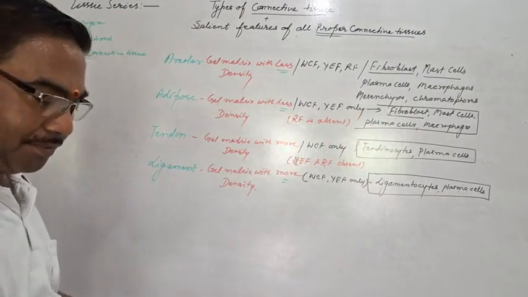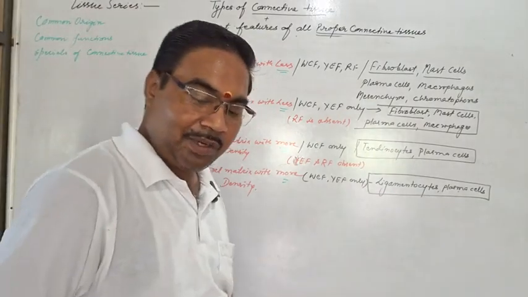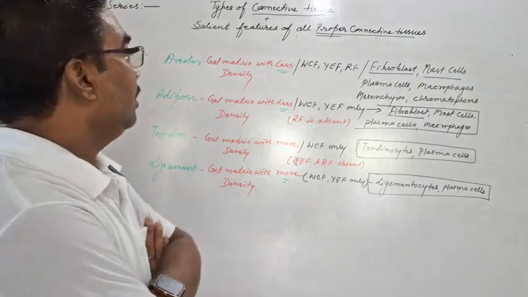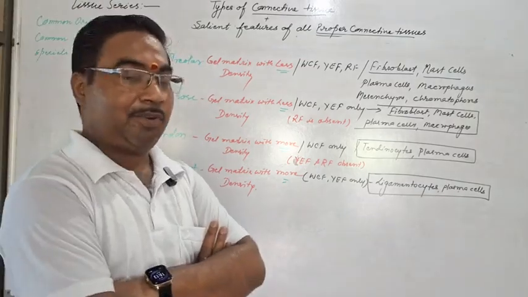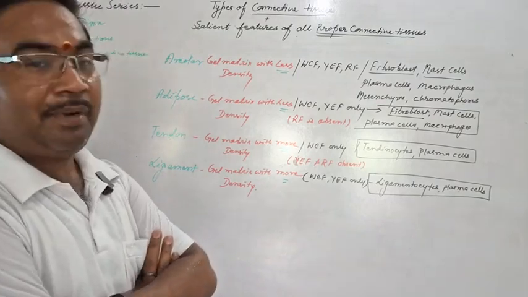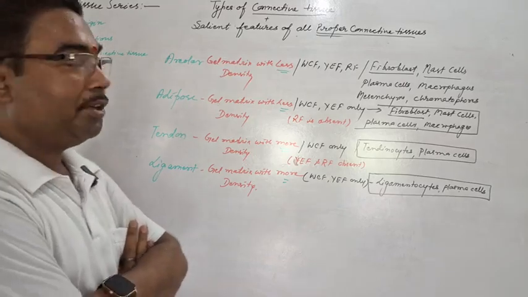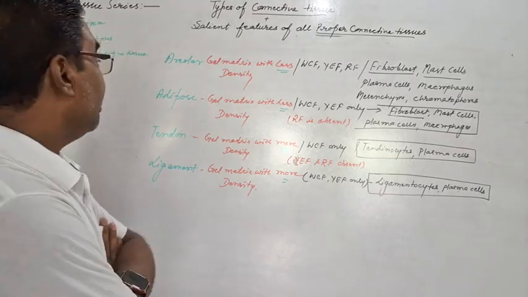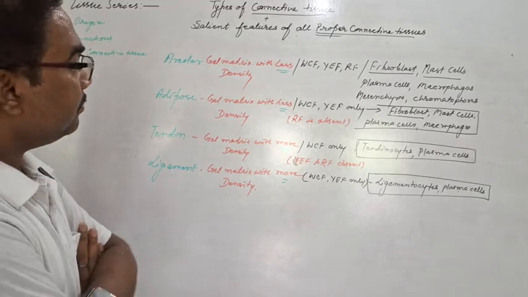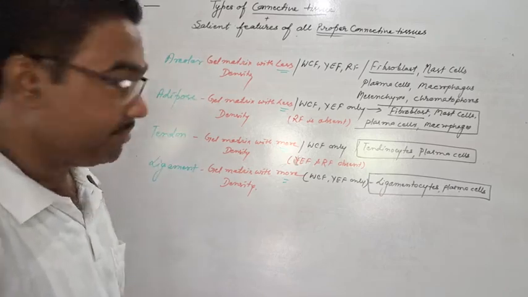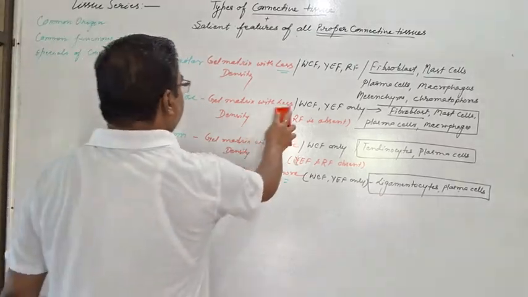So here, if any question is asked about what the differences are between areolar, adipose, tendon, ligament, and what the similarities are between all types of proper connective tissue, we will see the similarities first, then we will differentiate.